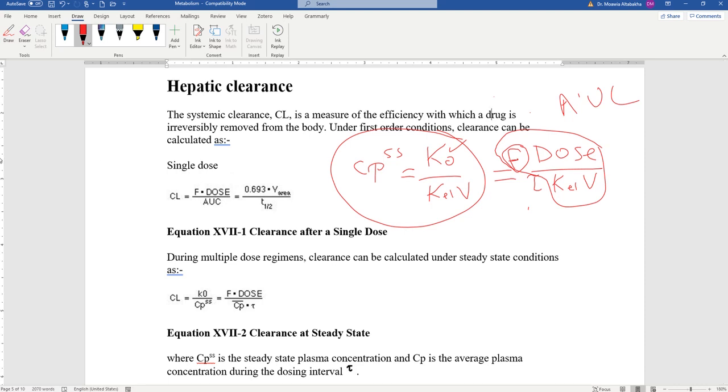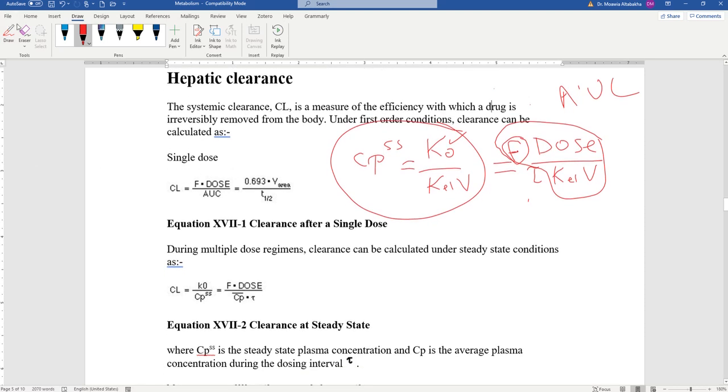If you remember, we said that AUC is equal to dose divided by clearance, right? And here I can add F in case I am dealing with extravascular administration. شو يعني again extravascular administration؟ يعني the drug is not administered directly into the systemic circulation or the veins. Okay? So this is what you have.